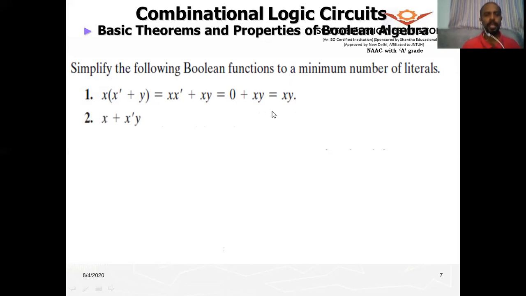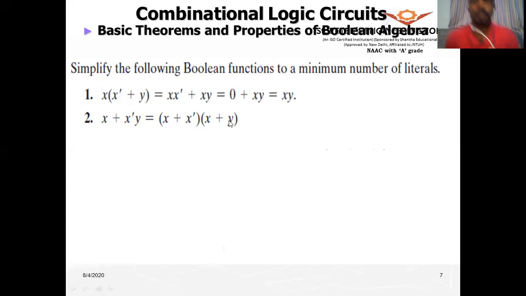The next, x OR with x complement y. From the previous understanding, from the absorption, we have seen this x OR with x complement y is equal to x OR x complement ANDed with x OR y.